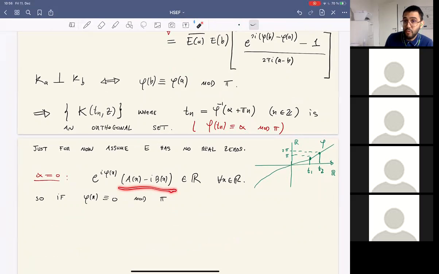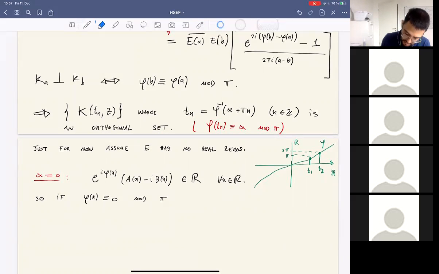Since E has no real zeros, it has to be a 0 of B, and exactly a 0 of B, because if E has real zeros, then it can also be a 0 of A. So it could be a 0 of B which is also a 0 of A, a 0 of E. So I want to avoid that.